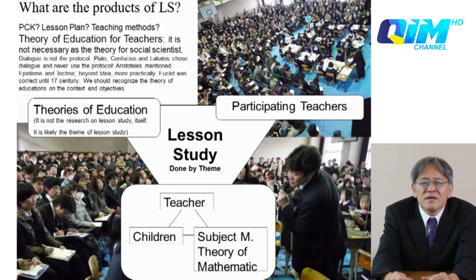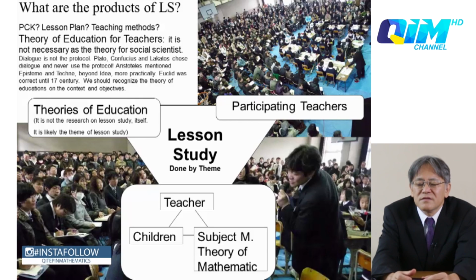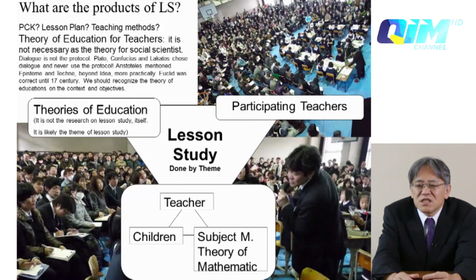Okay? So the theory also was reorganized. So there are various levels of theory. Okay? So what is necessary for us is that in the context of lesson study, we produce the theory for teaching for ourselves.